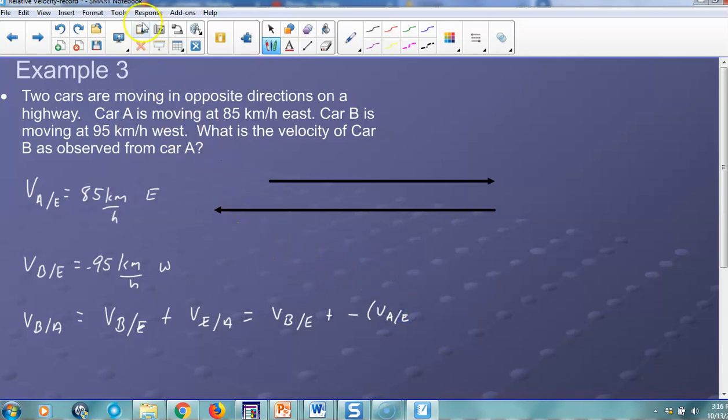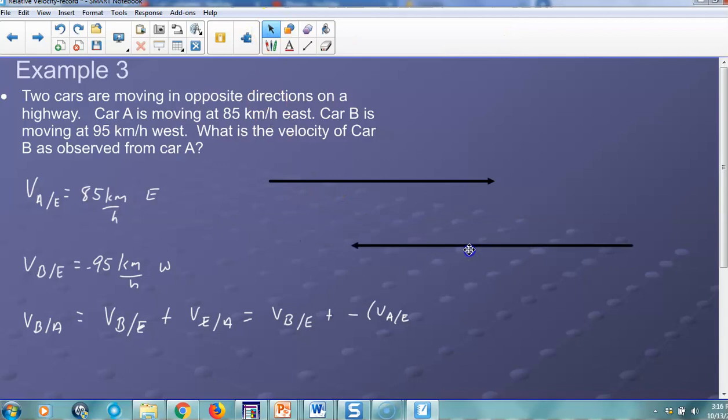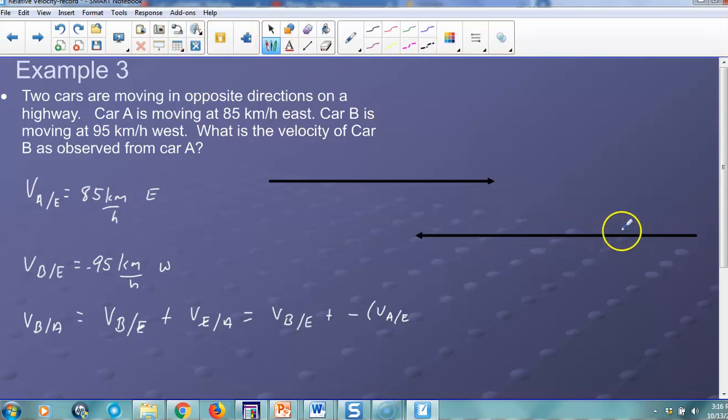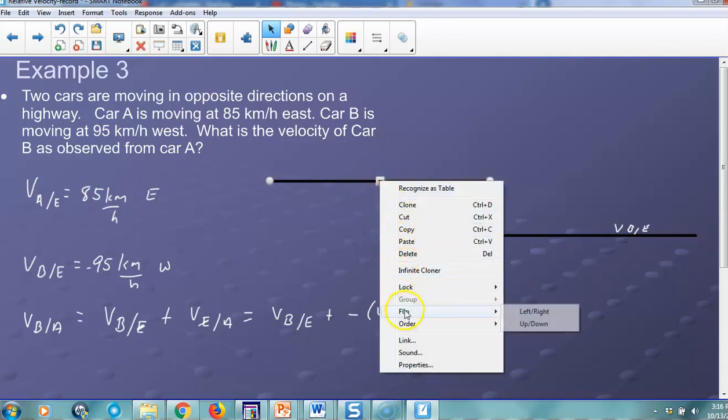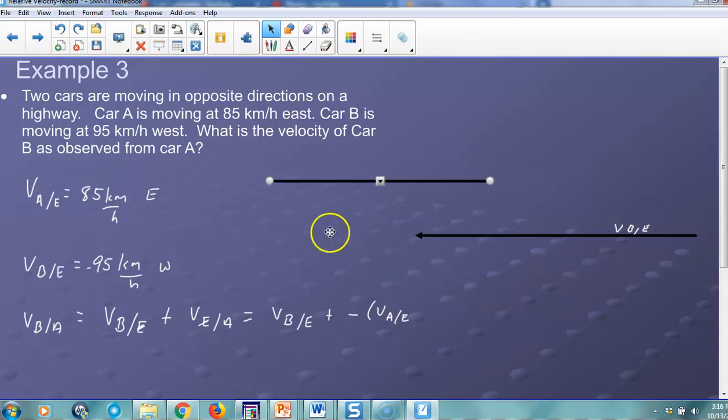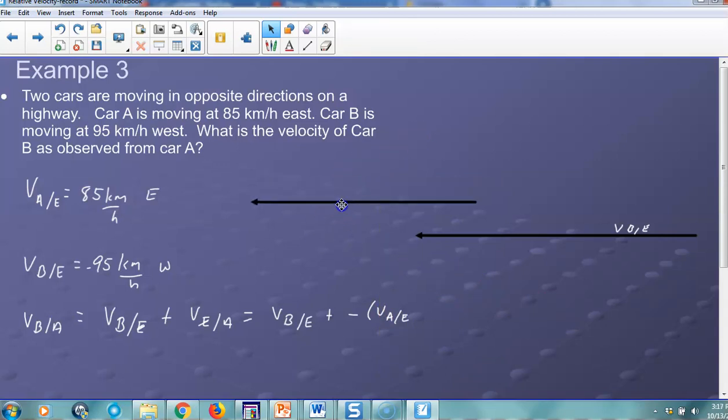So what that ends up doing for us is a vector subtraction. We're going to take our B relative to Earth, that's this one, and we're going to add the negative of this vector. That means we're going to flip it, which means its sign changes, and we end up with this vector combination.